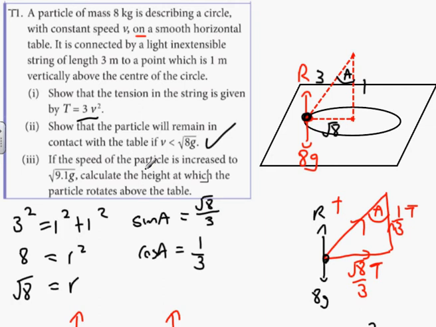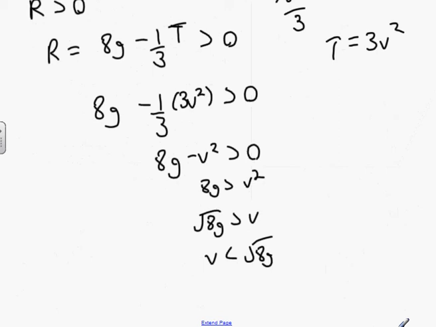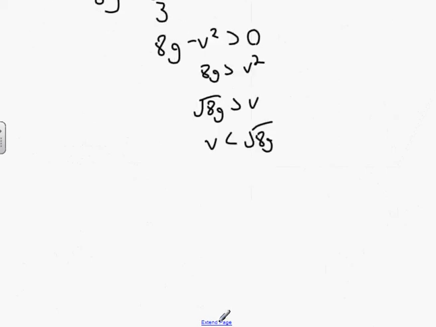If the speed of the particle is increased to square root of 9.1g, calculate the height at which the particle rotates above the table. Interesting. How far will it rotate above the table? Okay, so we already know that it's definitely going to be rotating above the table, right?